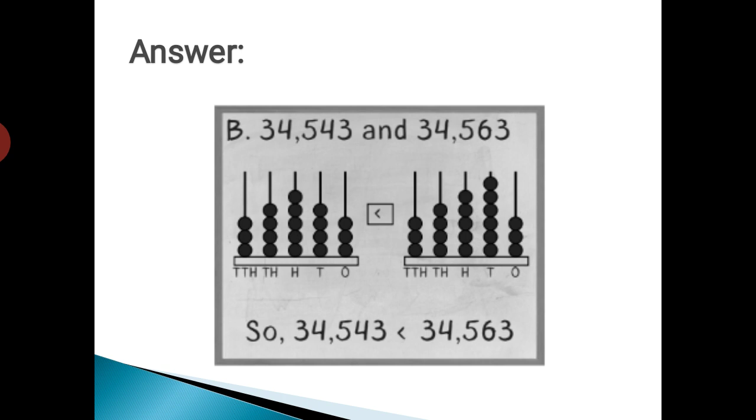So till now both the numbers are the same. But while looking at the tens place, here we have 4 and here we have 6. Out of 4 and 6, 6 is bigger. So this number is bigger than this one. So we always begin from the place of the highest value.